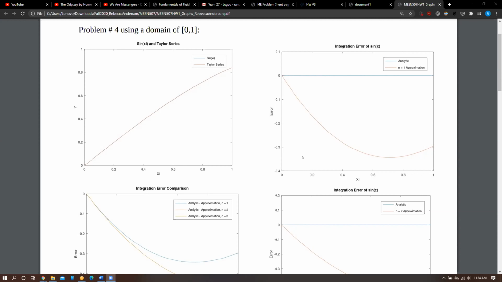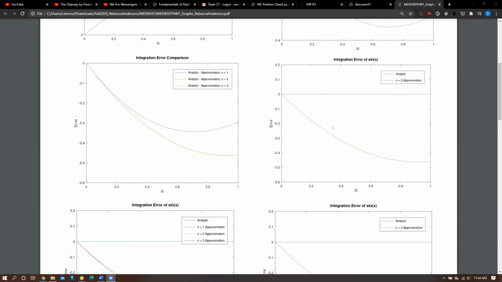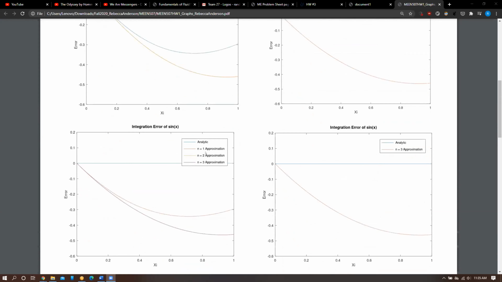In other words, the error should be getting smaller as you go. Here's a combination of the pictures so we can see them. There's N1, N2, N3, and I think N3 and N2 are on top of each other, this purple one.